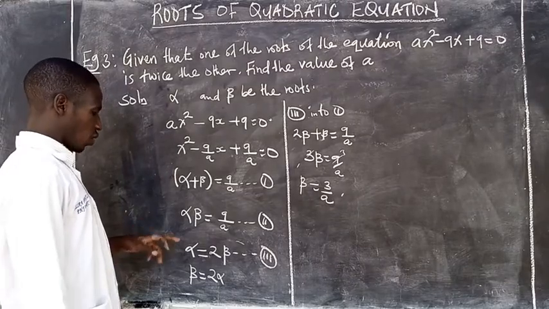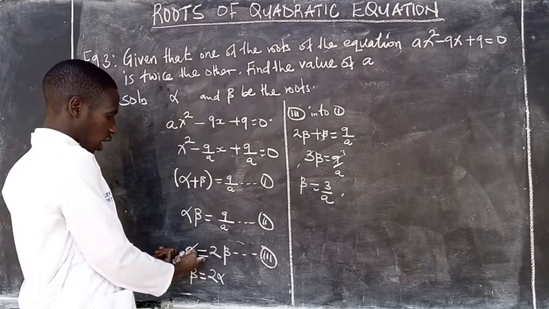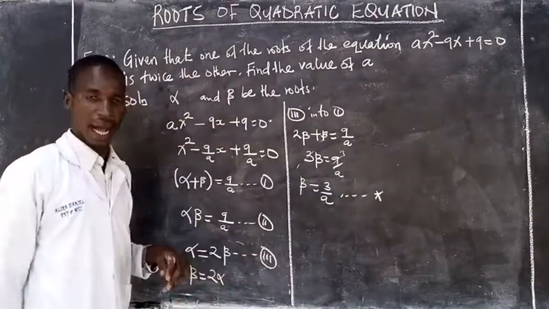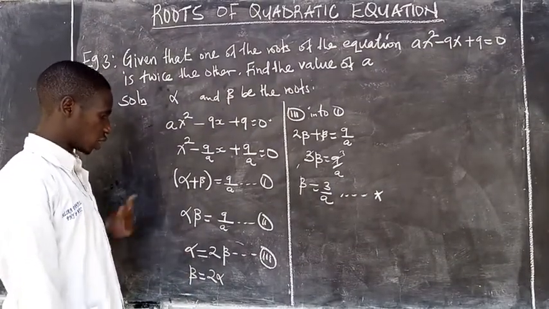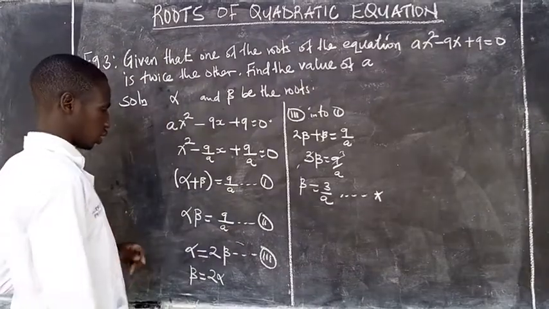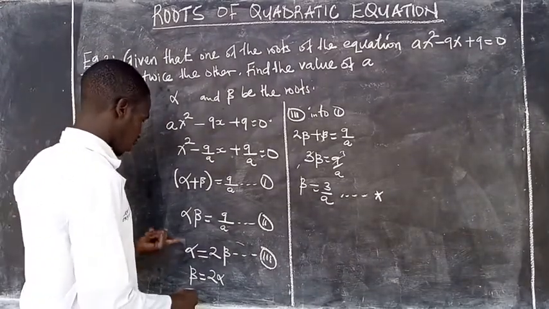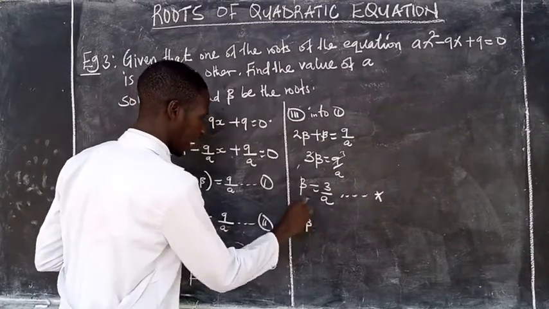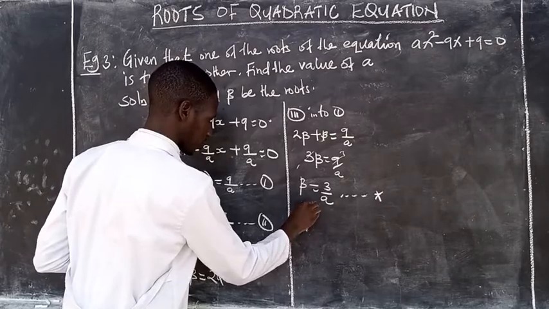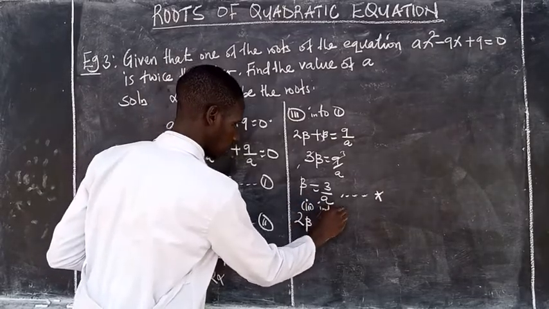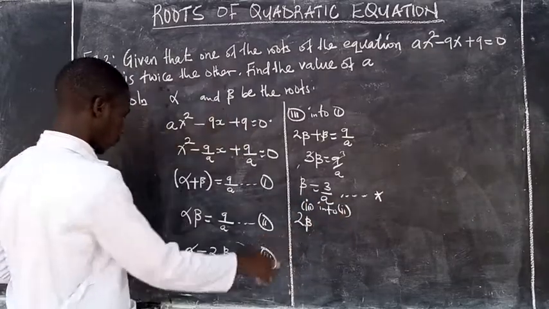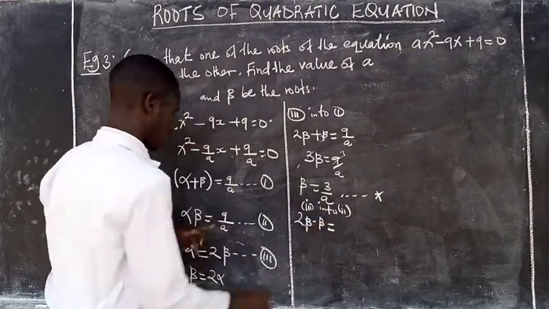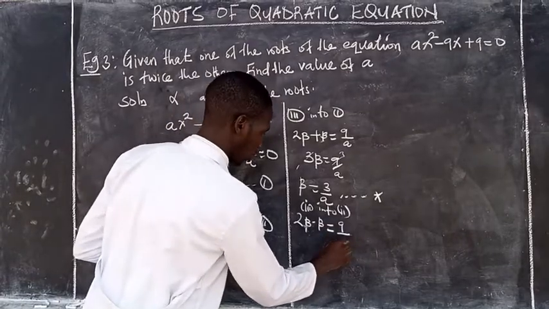From there, we again substitute 3 into 2. Let me label this one to be star, equation star. So when you substitute 3 into 2, what do we get? Alpha, which is 2 beta, times beta is supposed to be equal to 9 over a.